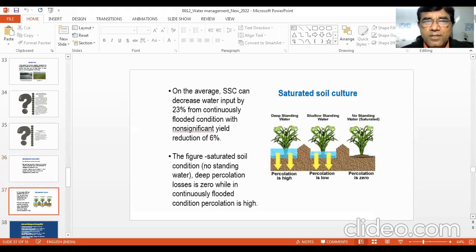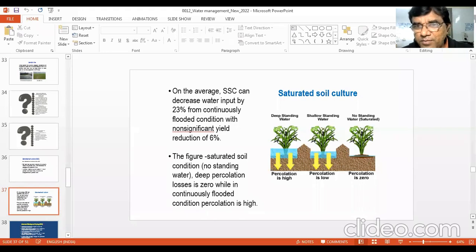Now you can see this picture, a very interesting picture. It shows how percolation losses are high when your ponding depth is more. In deep standing water, see this blue color, the depth of water is more here, so percolation losses are more because hydraulic pressure will be more.